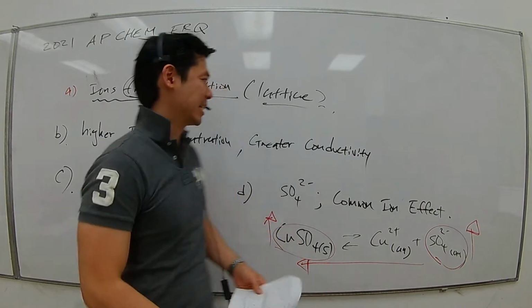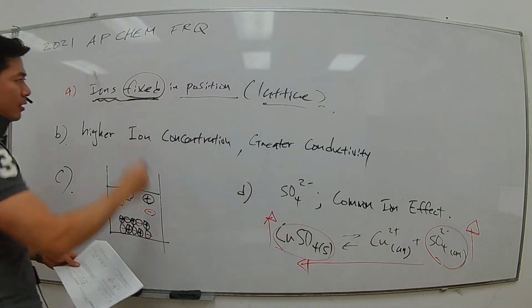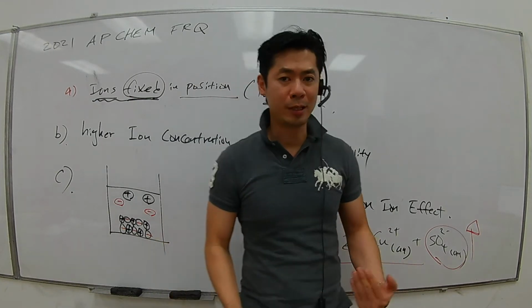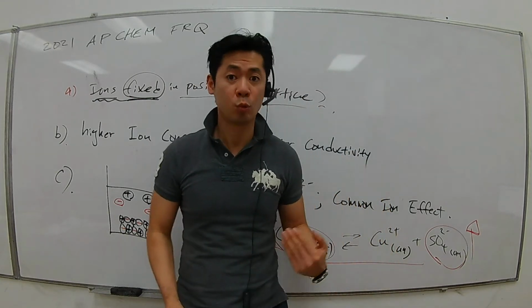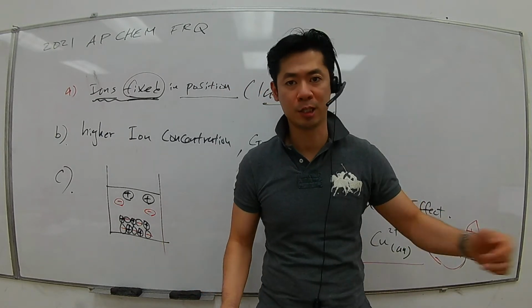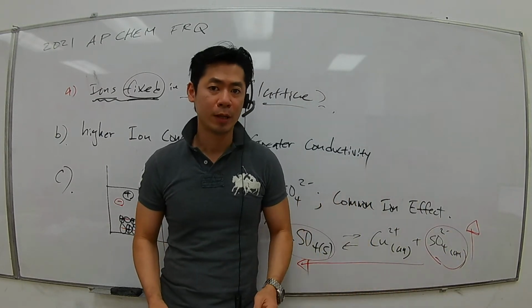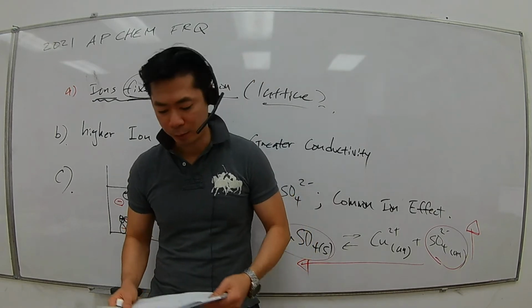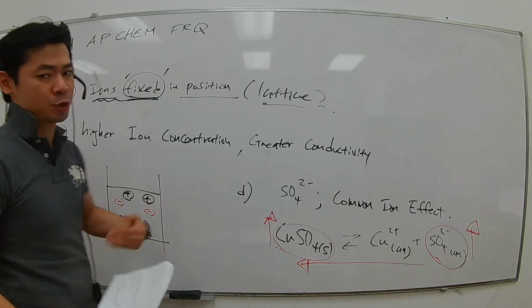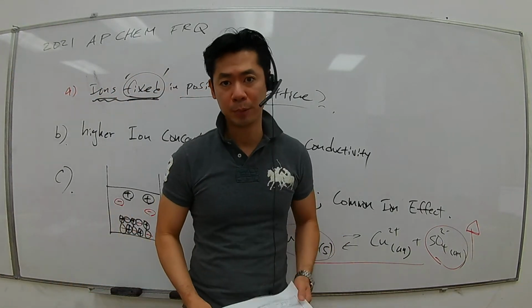So as fixed charged ions, they will not be able to conduct. The only time ionic compounds are conductive is when they're in a molten phase, which means liquid phase, they can move around, or in the aqueous phase of the ionic compound. So as a solid, because they're fixed in position, they are not able to conduct.